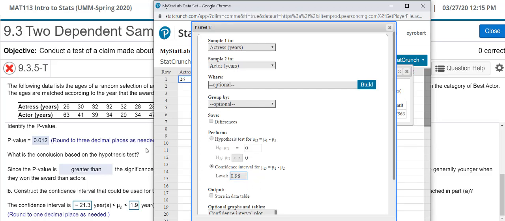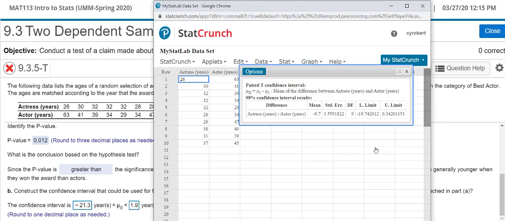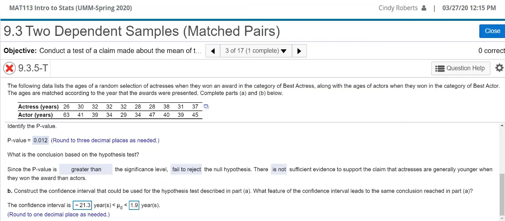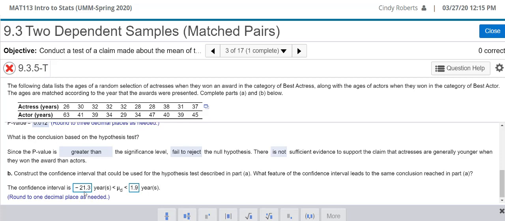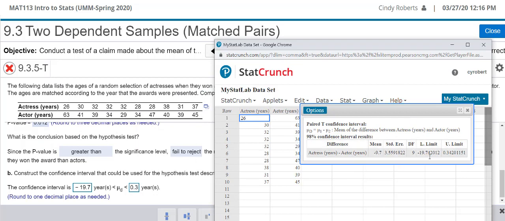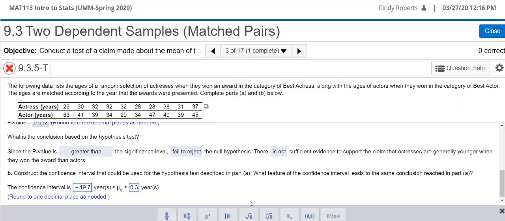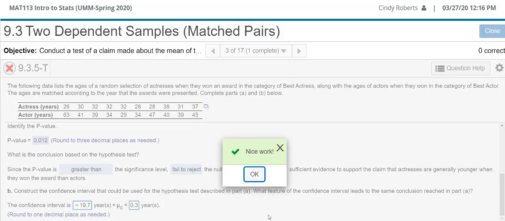Why? Because 2 times 0.01 is 0.02, so 98%. Now I get something a little different, negative 19.7 and 0.3. Let me bring it back so you can see where I'm getting these numbers. So 98%, because we had to multiply the significance by 2. Then I check this and I get it correct.